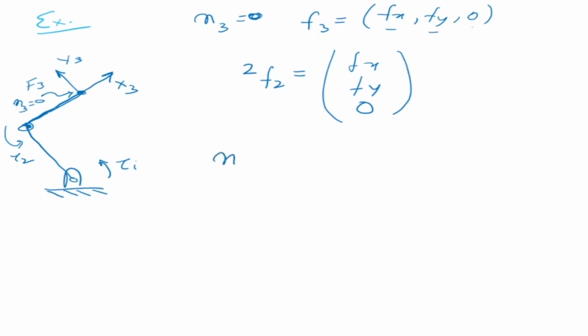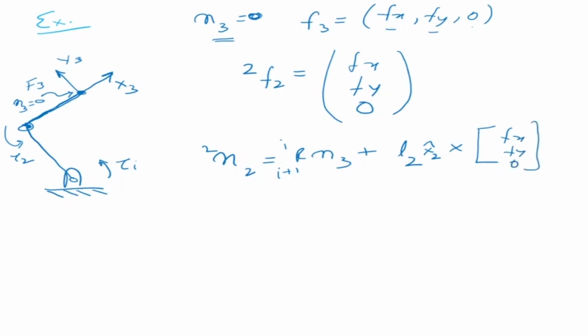What about N2? Now the moment is equal to the moment of the previous link. N3 was equal to 0, so N3 is not coming into the picture. So N3 into R, plus P i plus 1, which is equal to L2 in the x direction, cross F i, so Fx, Fy and 0.